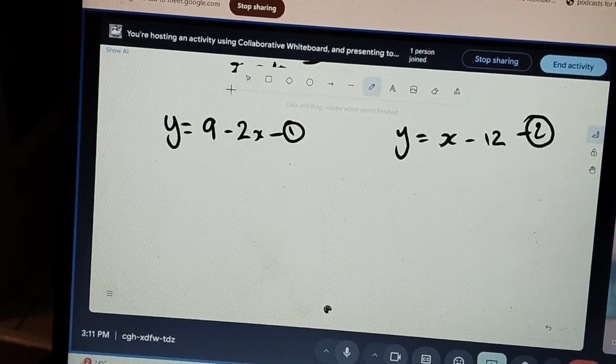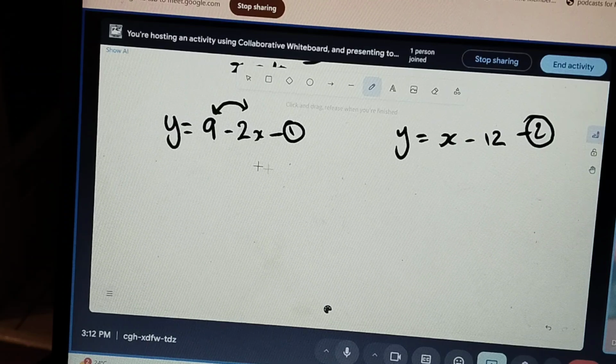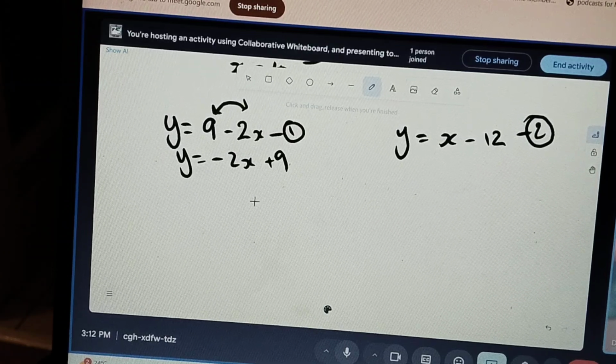No, it's not. Okay, so what I'm going to do is swap these two around so that we get the x in front. So I'm going to make this y equals minus 2x plus 9. Then when I put them underneath each other, they'll be lined up.